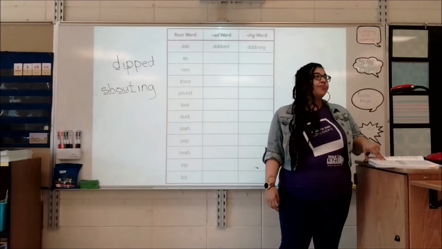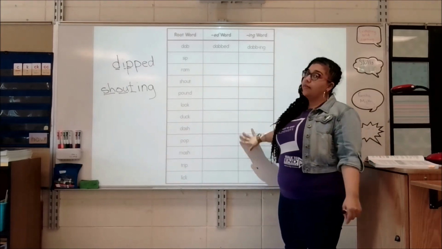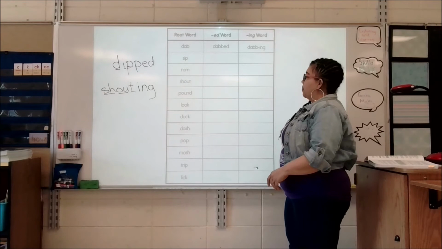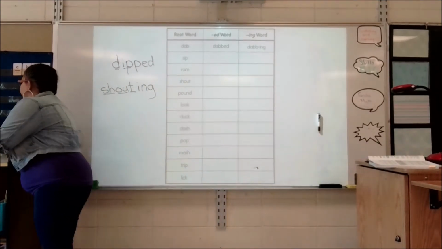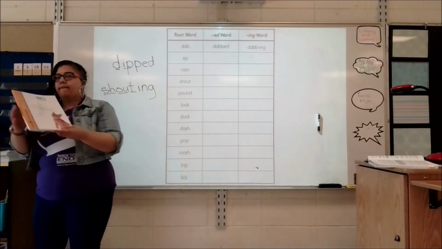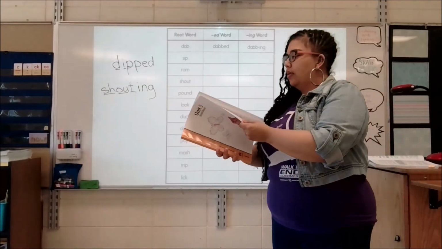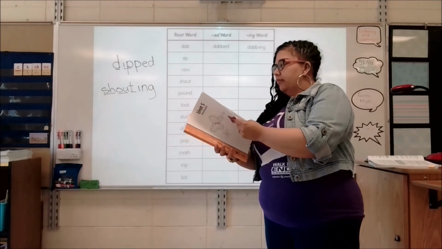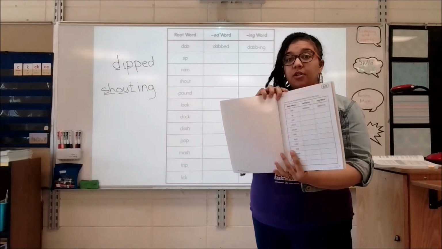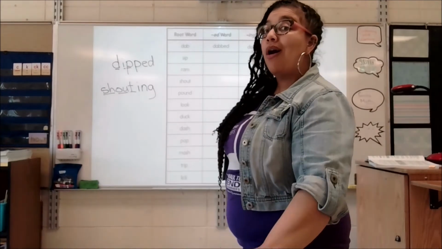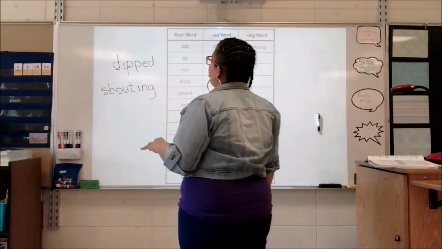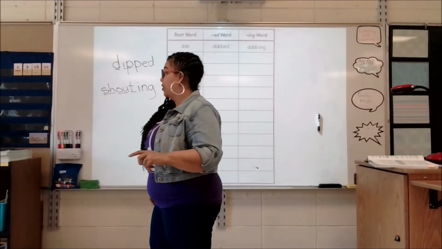So we're going to do parts of this together. This is page number 5.2 in your cat book, Unit 5. We're going to do part of it together, and then you're going to complete it as part of your assignment today.